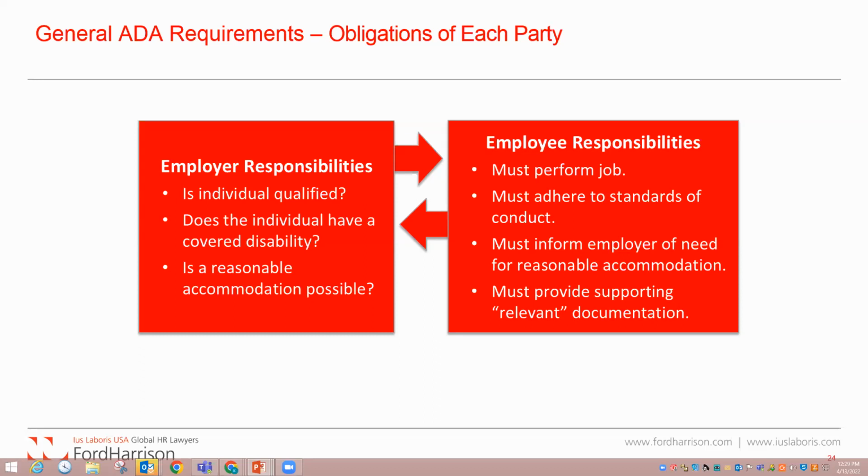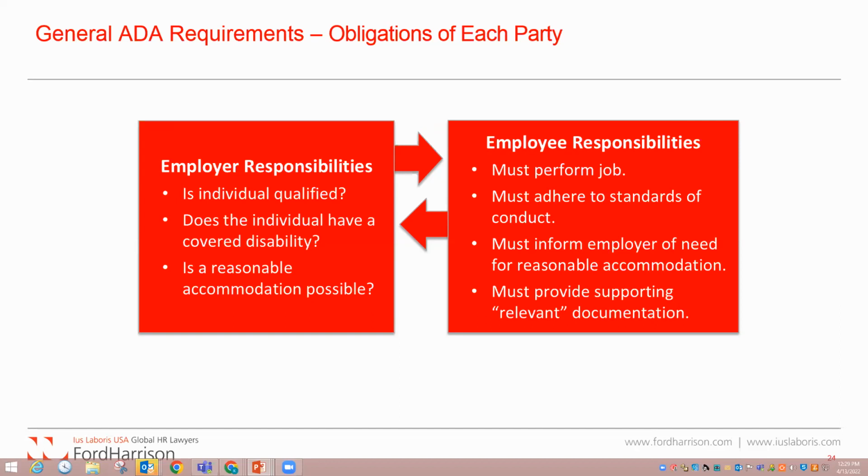And one of the things that we always mention in policies is that the accommodation the employer provides does not need to be the particular accommodation requested by the employee.